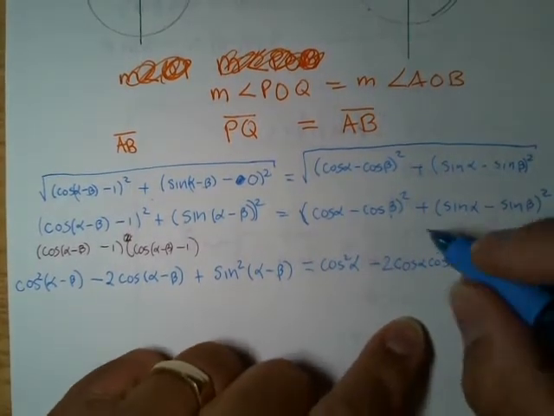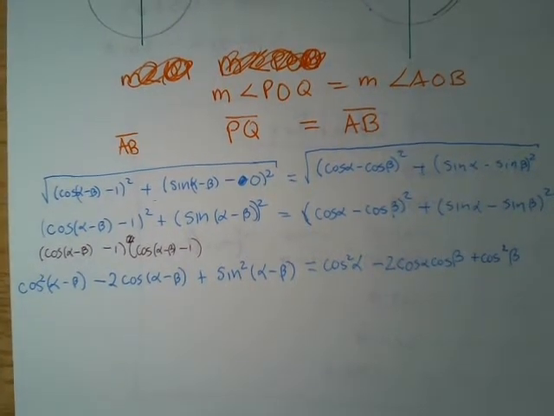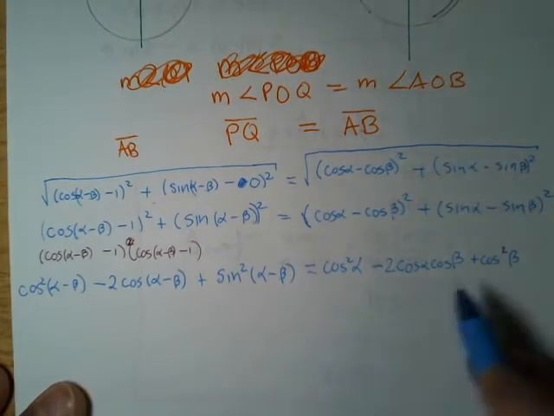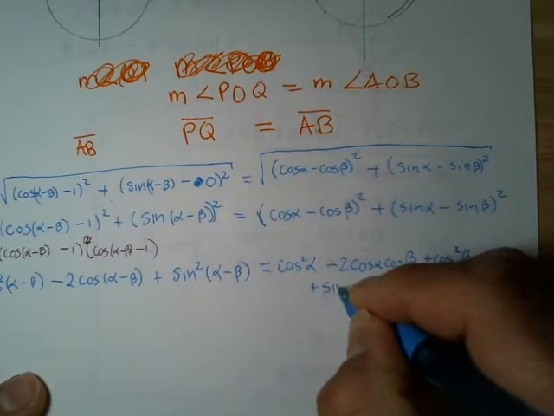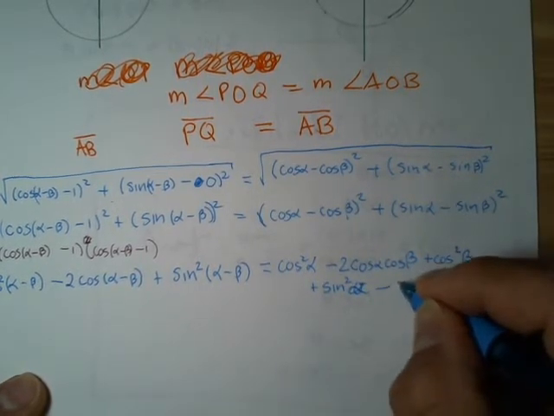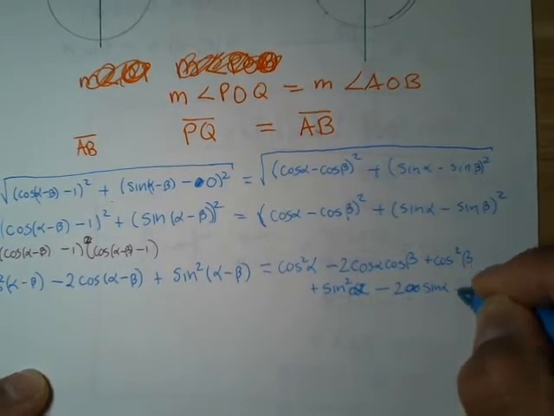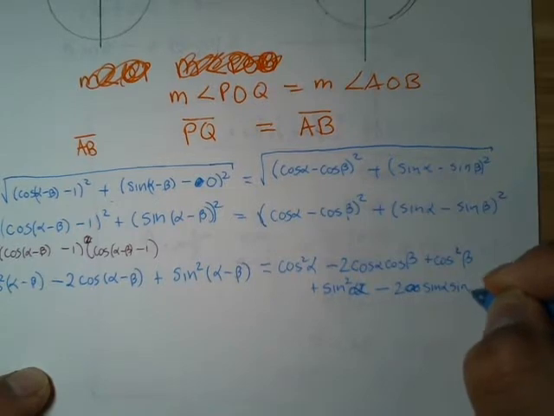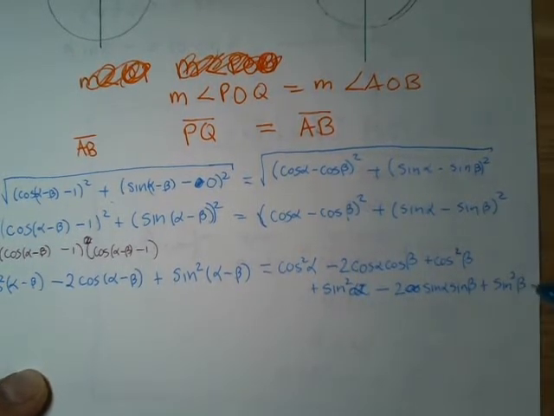And then the last term is going to be a plus cosine squared beta. All right, and then I'm going to write it right under here. So again, first term is going to be sine squared alpha. The two middle terms are like terms, so we get minus 2 sine alpha sine beta, and the last term is plus sine squared beta.